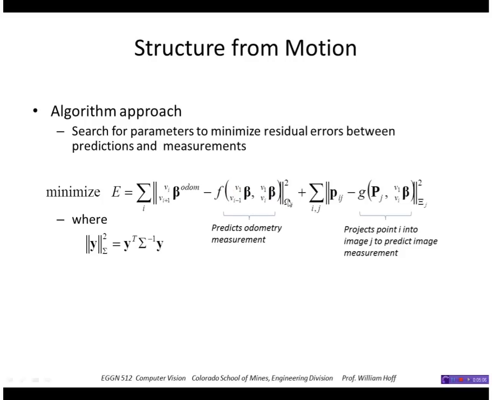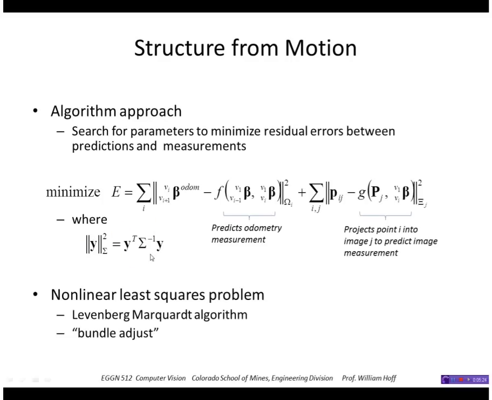So this constrains the scale of the solution. The notation here with the subscript means that if we have a covariance matrix for the measurement, we can weight the measurements based on that covariance matrix according to this function. We'll minimize this function E using nonlinear least squares algorithms such as Levenberg-Marquardt.